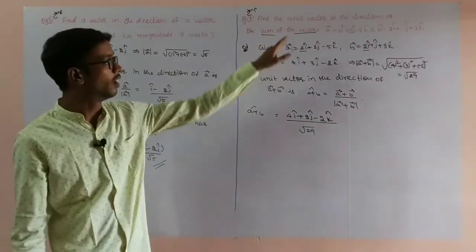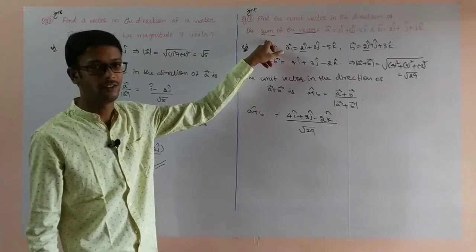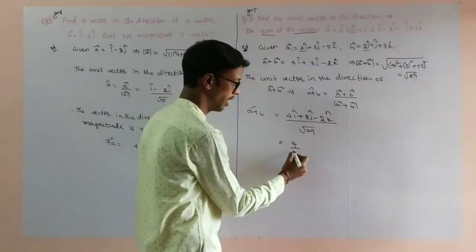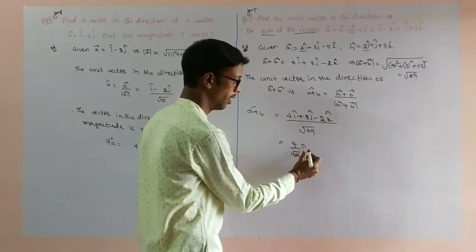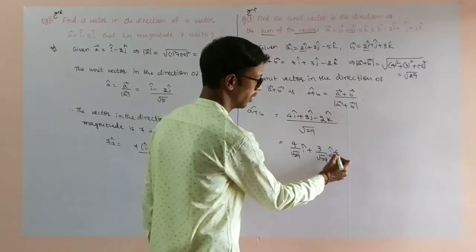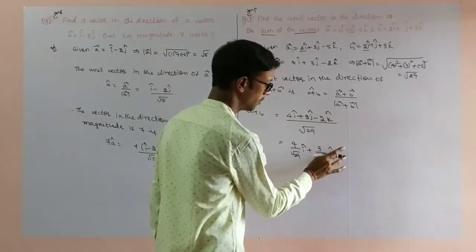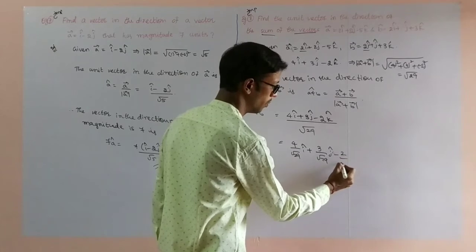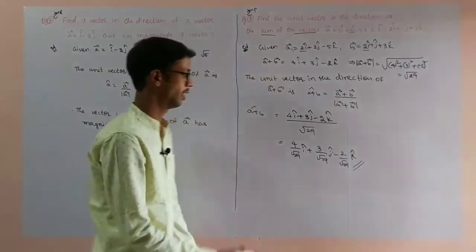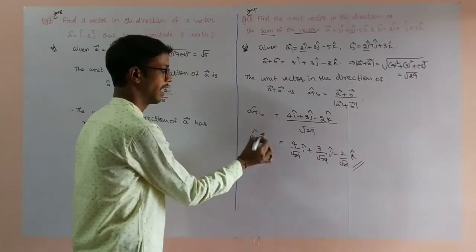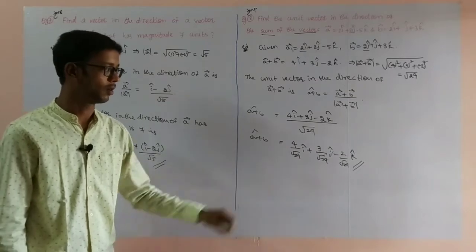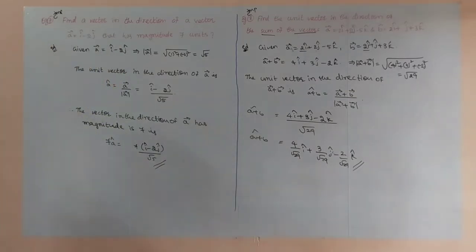The required unit vector in the direction of the sum of a bar and b bar we can write as 4 by root 29 i cap plus 3 by root 29 j cap minus 2 by root 29 k cap. This is the unit vector in the direction of the sum of a bar and b bar. So pause the video to note it down.